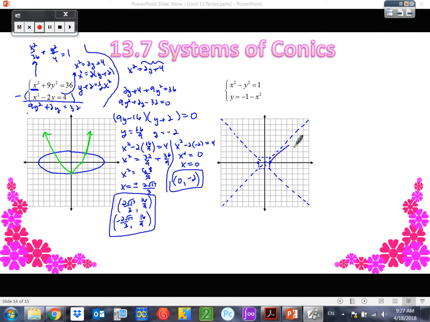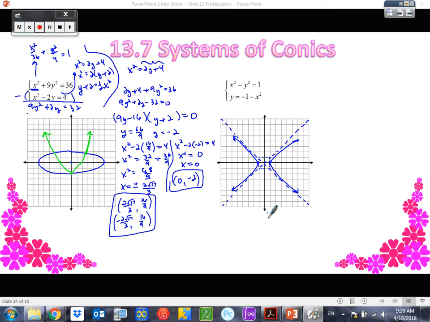Okay, it looks like our hyperbola would look something like this. Again, no need to draw focus points or anything like that. We just really need the curve. We need to look at the curve and see how it intersects the other curve.